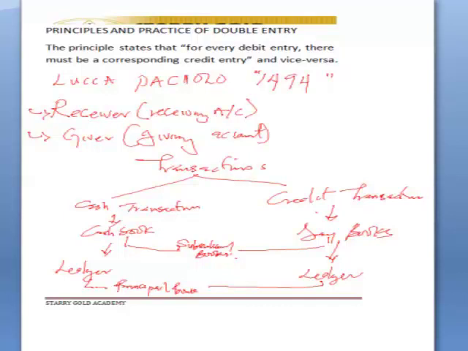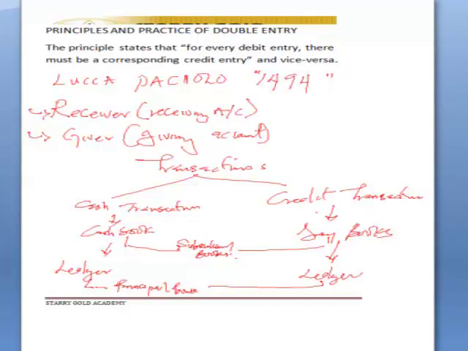So, in recording the double entry principle, we must know the giver and we must know the receiver, irrespective of what transaction it is, whether a cash transaction or a credit transaction. Irrespective of it, we must be able to identify who is the giver and who is the receiving party.